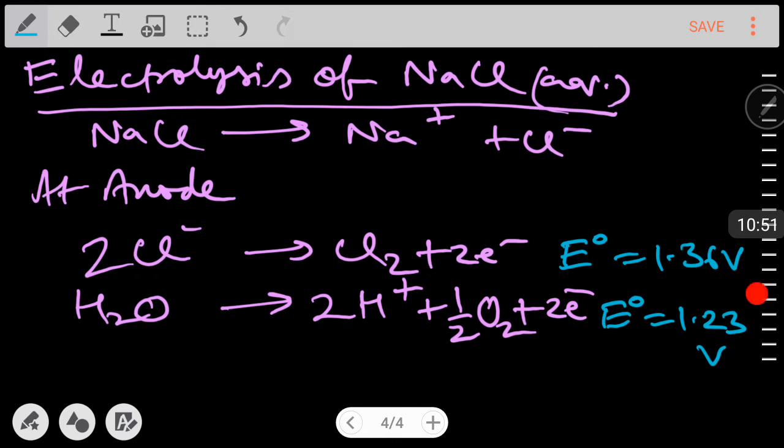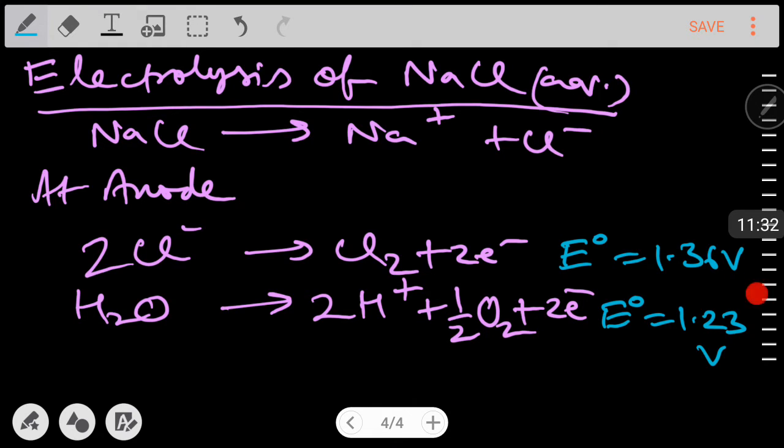According to this point, water should be oxidized with first preference and Cl minus ion should not be oxidized. But here the second reaction requires extra potential. It is an extremely slow reaction, and it requires extra potential, meaning overvoltage is required to carry out this oxidation of water. And therefore the reaction with second preference, for which E naught value is not less but high, will here take place with the first preference.